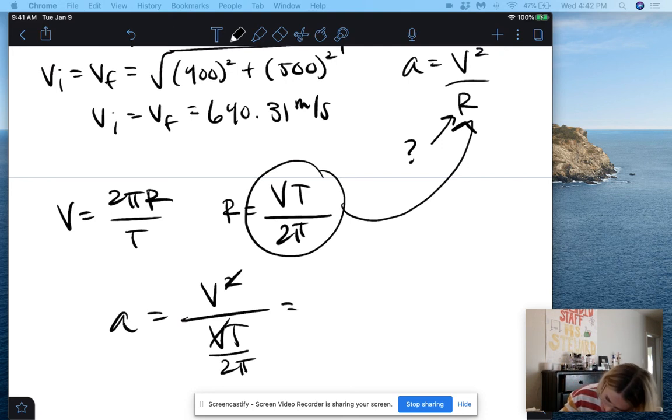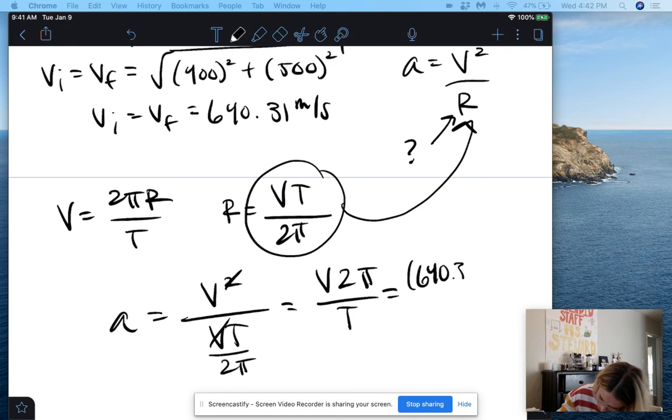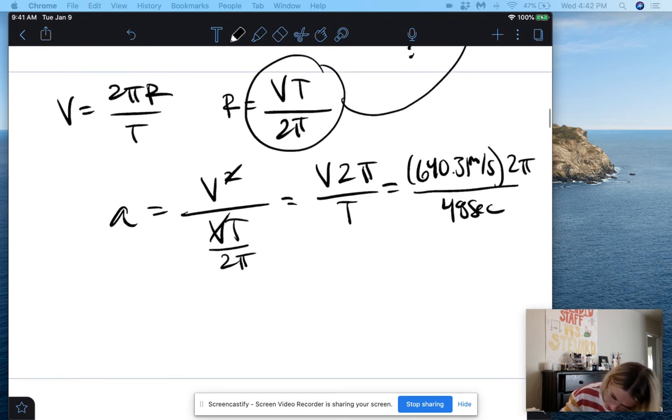So this becomes v times 2 pi divided by period, and then we can plug in our information. Our velocity is 640.31 meters per second times 2 pi divided by the period, which is 48 seconds.